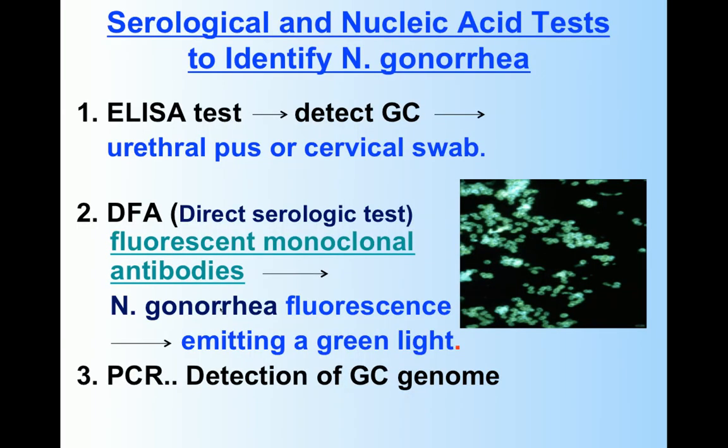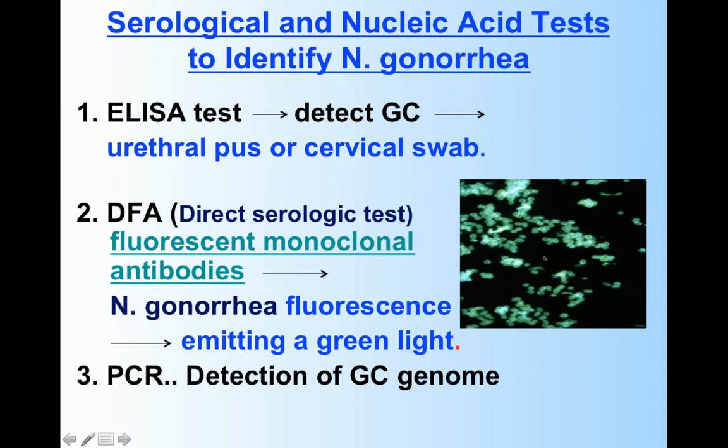Then we also perform a variety of serological tests and nucleic acid tests to identify Neisseria gonorrhoeae, and one of them is ELISA test, for which we are going to take urethral swabs or cervical swabs. We can also do a direct fluorescent antibody test where you're going to use fluorescent monoclonal antibodies against gonococci, and you can see gonococci fluorescing or emitting green light.